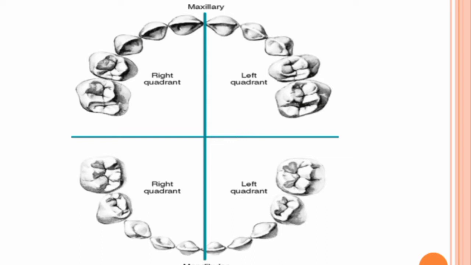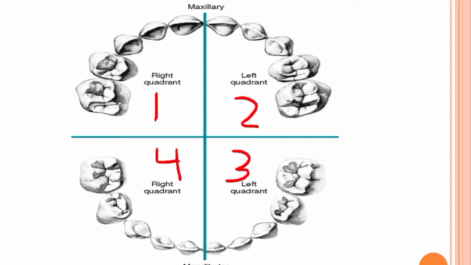Now, the picture you are seeing in this slide is of the primary dentition, and we have divided it into four quadrants. Here you can see this one is the maxillary right quadrant, this one is the maxillary left quadrant, this one is mandibular left, and this one is mandibular right.